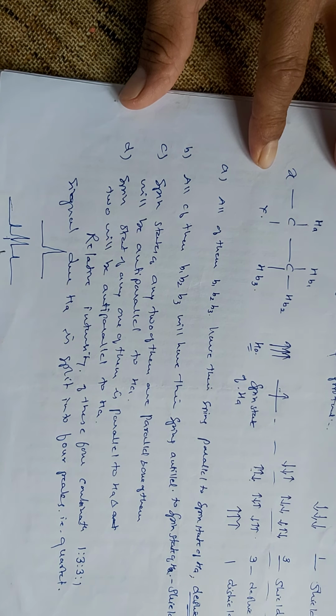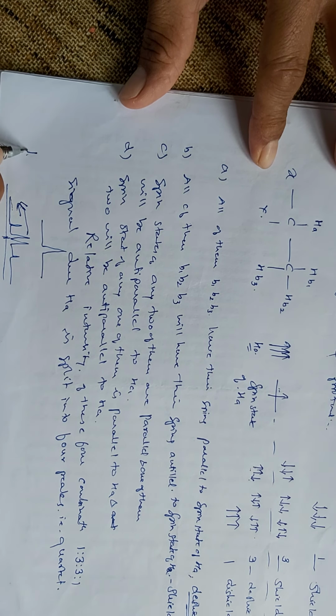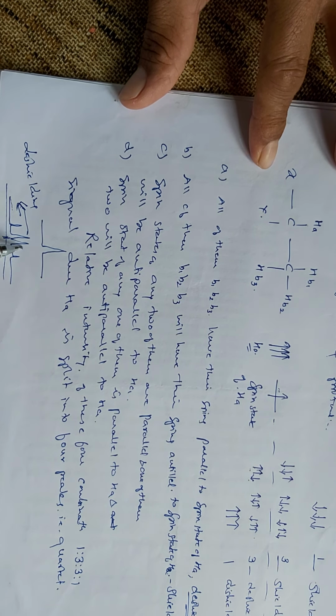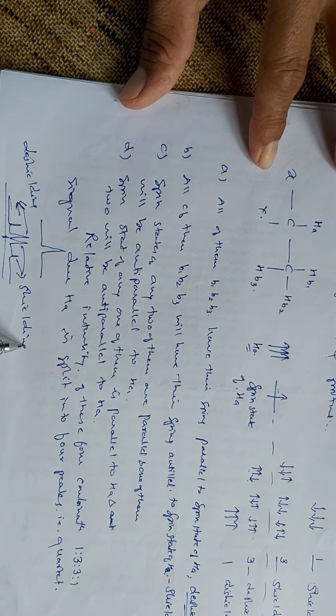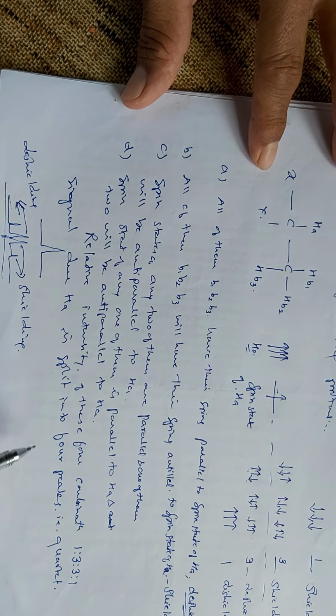So this will be your quartet. These two are due to the de-shielding effect, and these two are due to shielding. Means the splitting of one line into four lines.